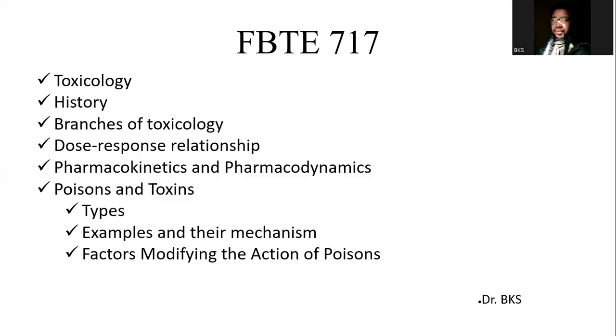So, in our previous class, we introduced this course and discussed toxicology, the concept of toxicology as a field of study, and we went back to talk about some historical perspective of how this started from the beginning.